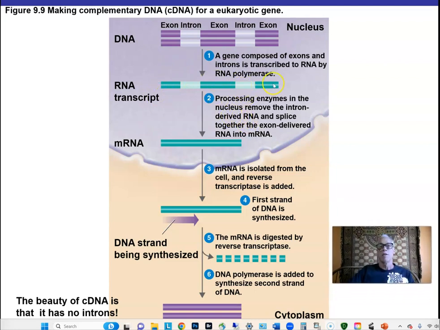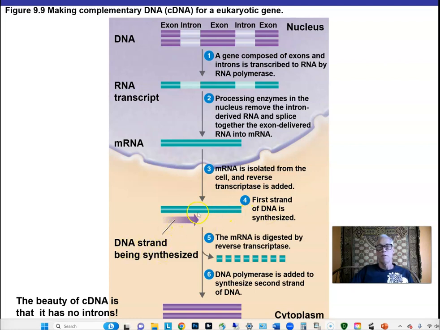So now we isolate the messenger RNA from the cells that we know make the clotting factor, for example, and then we will make a DNA copy of that. This purple line represents making a complementary DNA to that messenger RNA for the clotting factor, for example, using a reverse transcriptase type of enzyme.